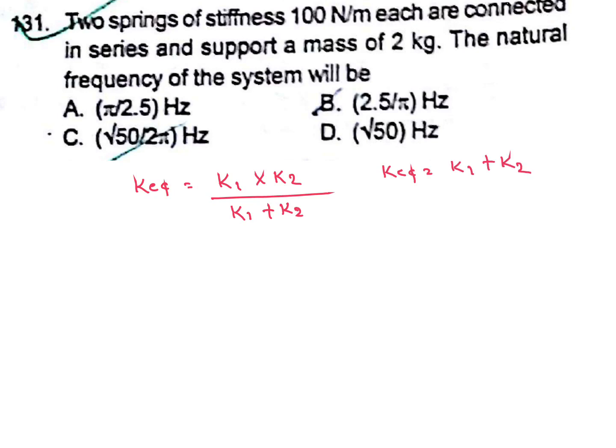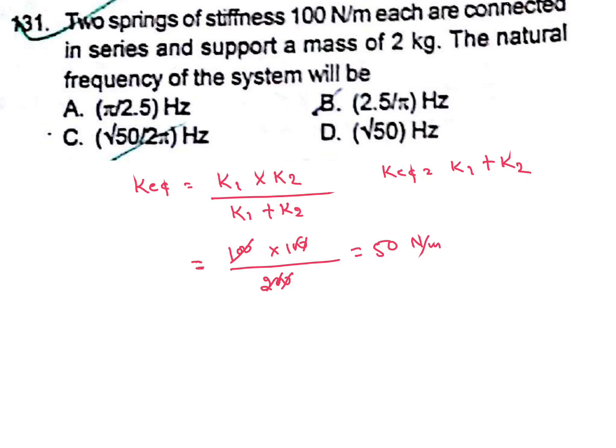In this question it is mentioned that they are connected in series, so both are the same, K1 and K2. 100 into 100 divided by 100 plus 100 is 200. So we will get 50 Newton per meter.